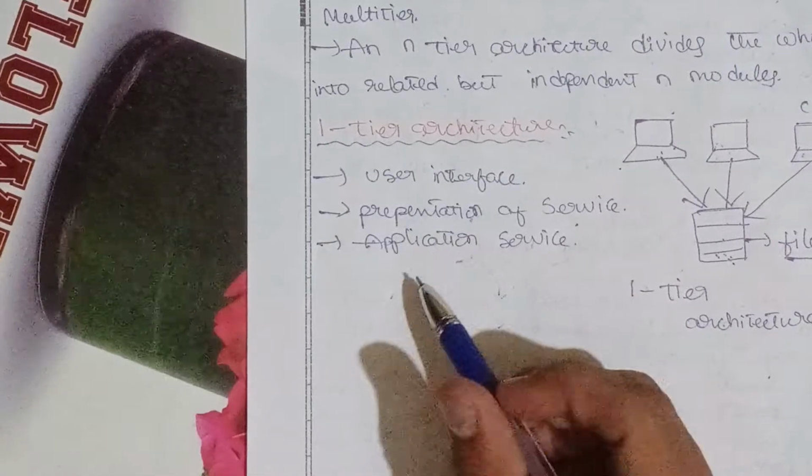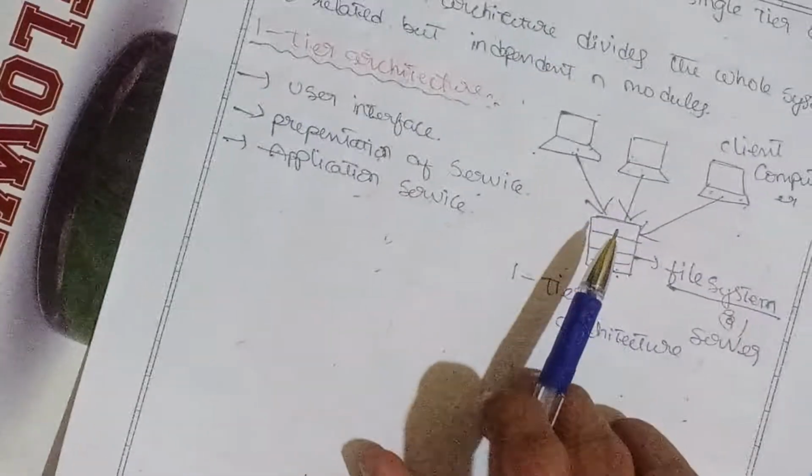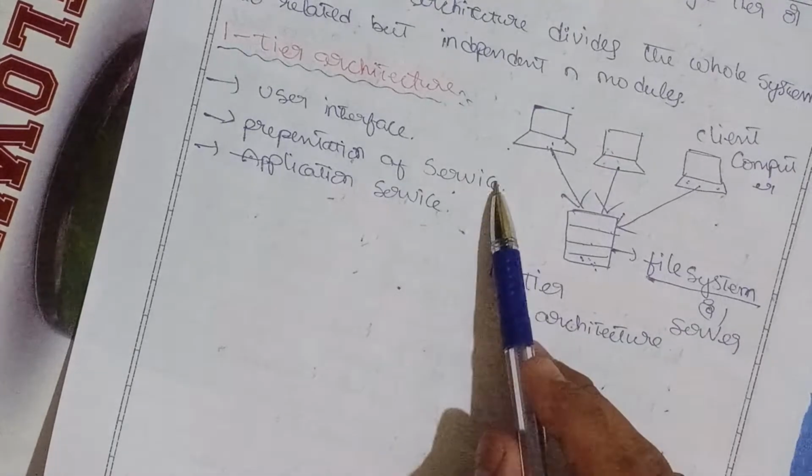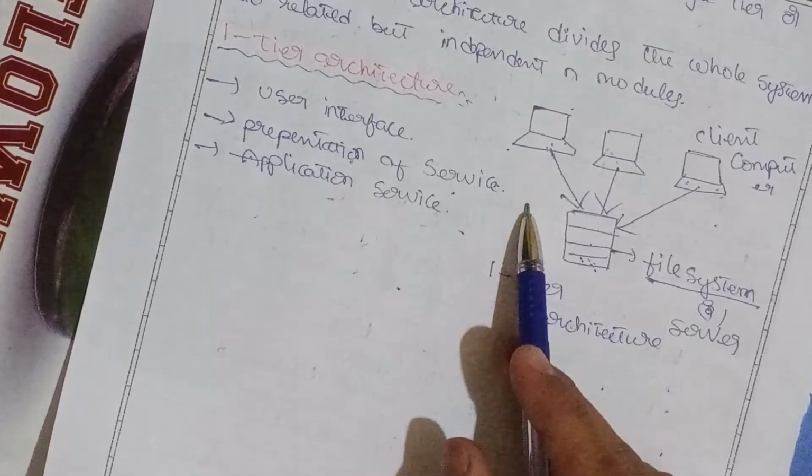In one tier architecture, you can only go for file servers rather than database servers.